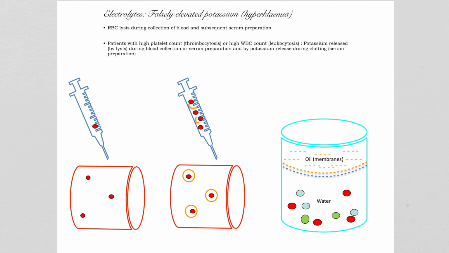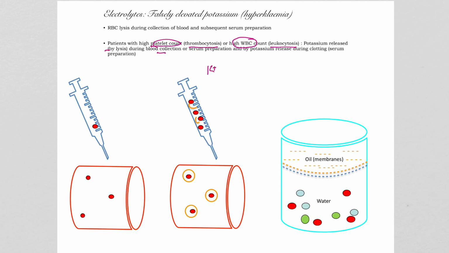Then we have patients who have very high platelets, patients who have thrombocytosis, or patients who have very high WBCs, leukocytosis. Once again, when these white blood cells or platelets are present in very high amounts, and they break, either during blood collection or during serum preparation, they are going to release potassium.